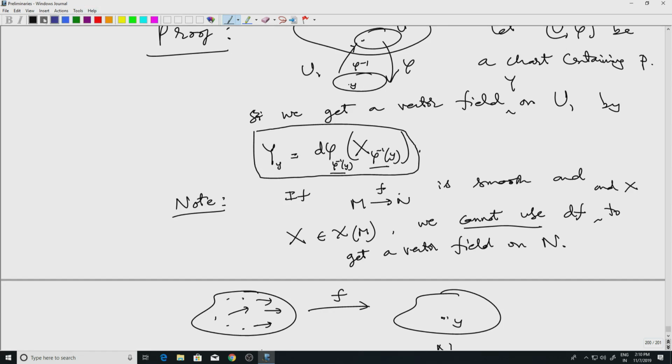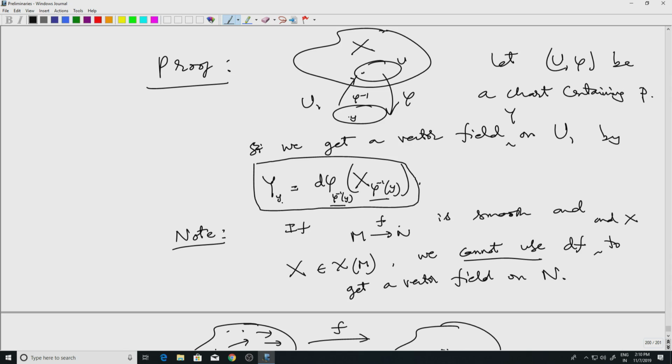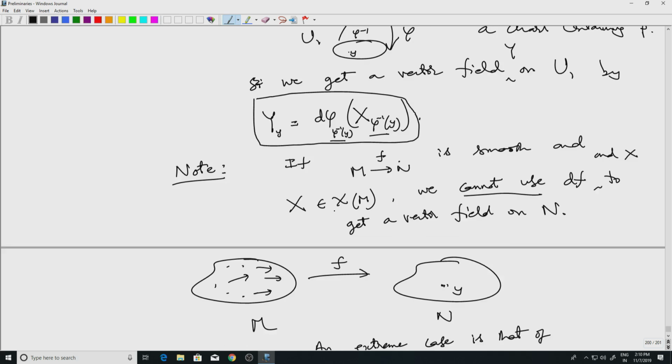Actually, here I have to make a small correction. I'm starting at a point y here. So I go via phi inverse, end up at phi inverse of y, use the vector field at that point, X at phi inverse of y, then use the derivative of phi and get back to y.